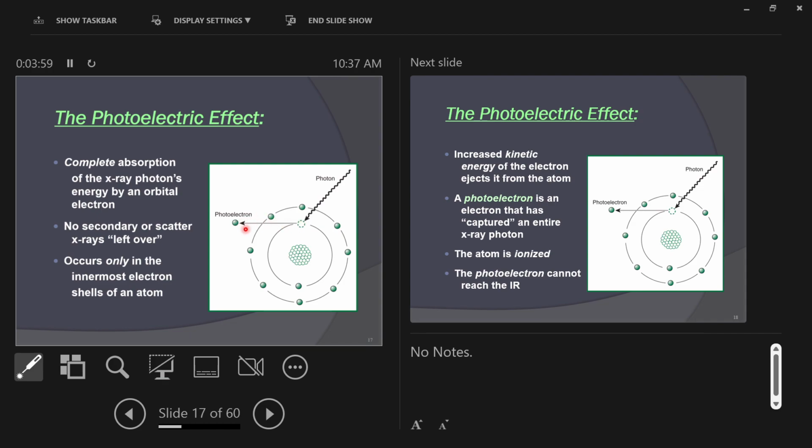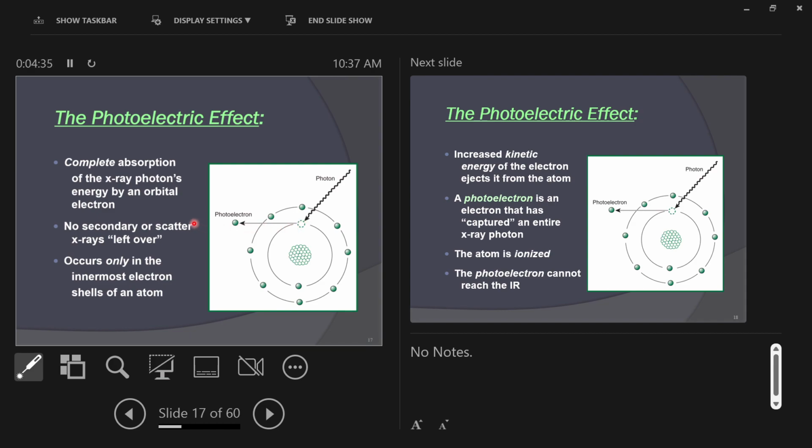So this electron shown here, called a photoelectron, was sitting where my laser pointer is right now, minding its own business. An X-ray photon comes in and dumps all of its energy into it. Now the electron has gained energy. When electrons gain energy in an atom, they have to move up a shell level. If an electron gains enough energy, it moves up and just out of the atom, and is ejected from the atom.